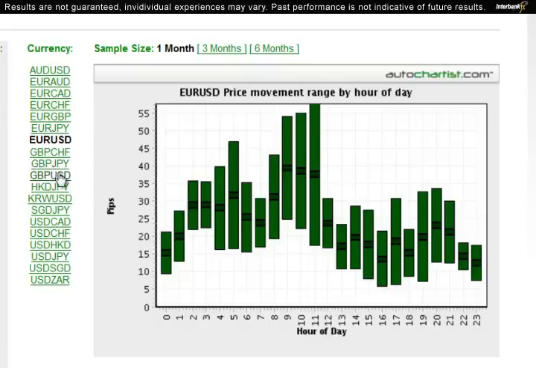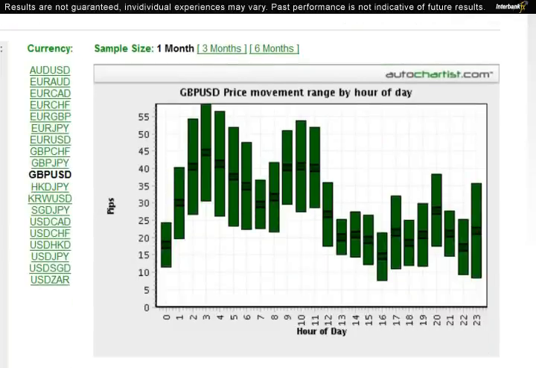Take a peek at the British pound US dollar. Now we've looked at the fact that a lot of these pairs will have an increase during the European UK session, but none of them really had the same kind of reaction, if not greater, than the US.